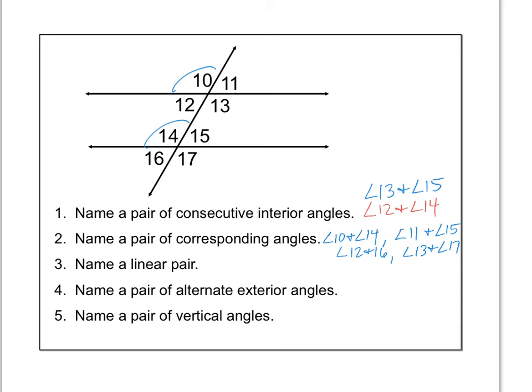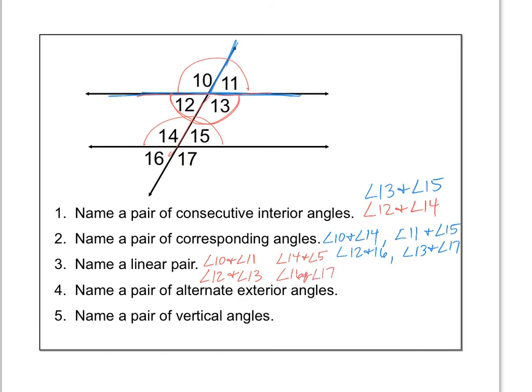Linear pair. Remember, a linear pair is like a line that's been broken into a pair of angles. If I look right here, I have a line. If I break that into a pair of angles, I could say one of my linear pairs is angle 10 and angle 11. Together they make a linear pair. Also 12 and 13. 14 and 15, same thing, same with 16 and 17.